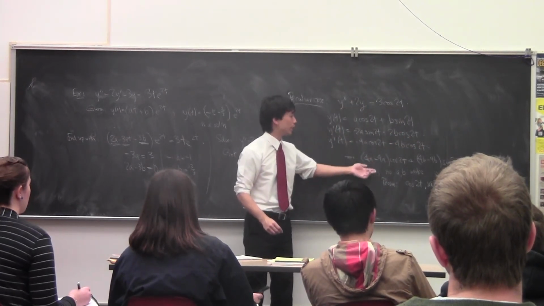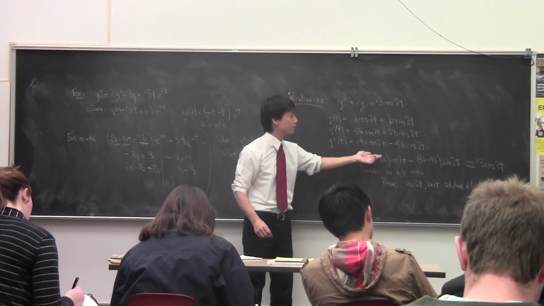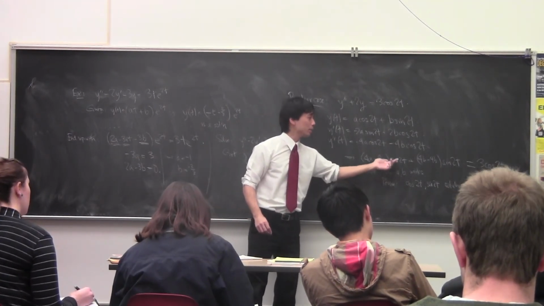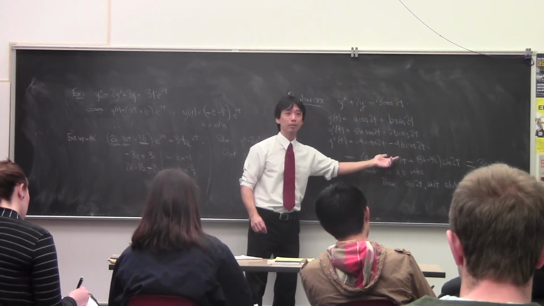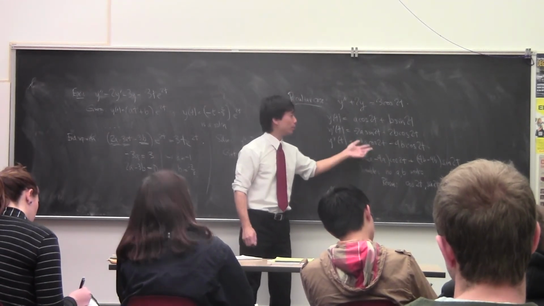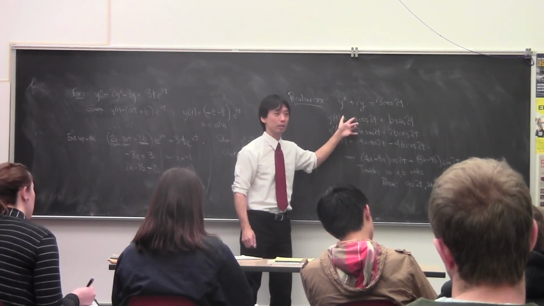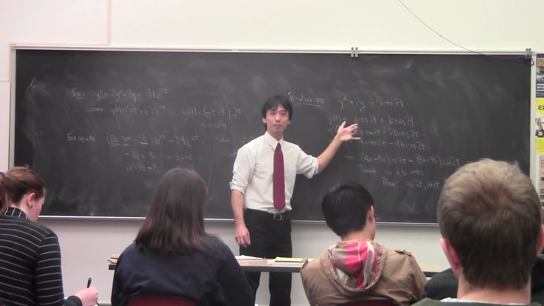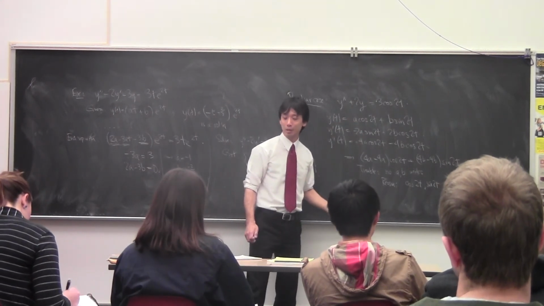That's basically what we're seeing when we plug this back in. We get 0. Any combination of these gives you 0. So just by our bad luck, the things that we guessed were the solutions to the homogeneous problem. So it didn't work.